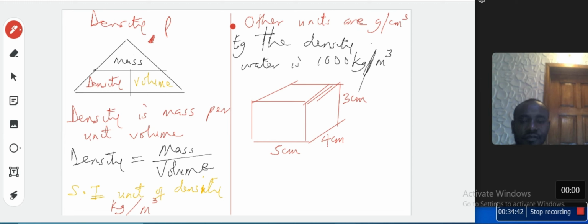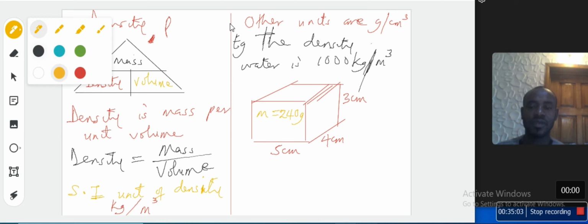And the mass of this thing is 240 grams. What will be its density?